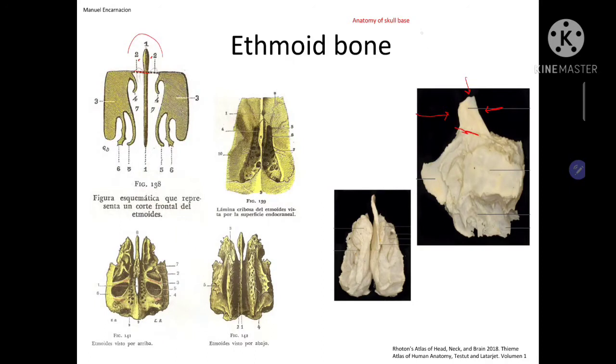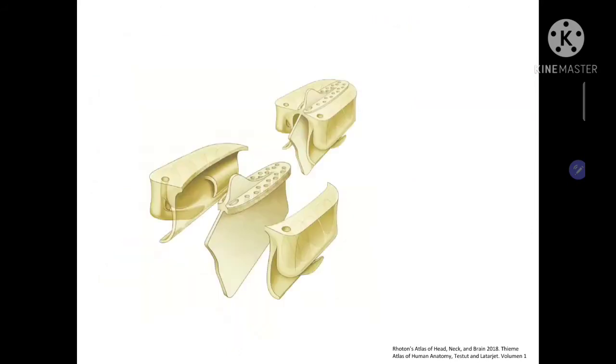Here the falx cerebri is attached, yes, this is the falx cerebri. And you can see here the posterior border. You see it is oblique from superior to inferior, going posteriorly, and it's going like it disappears.